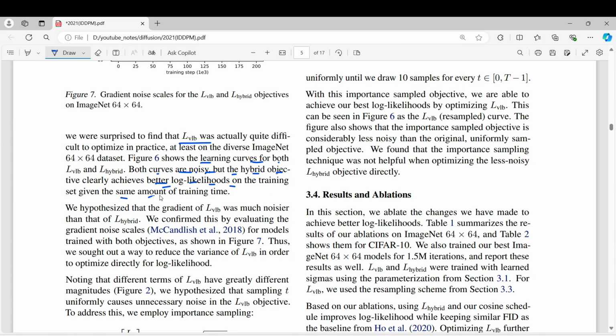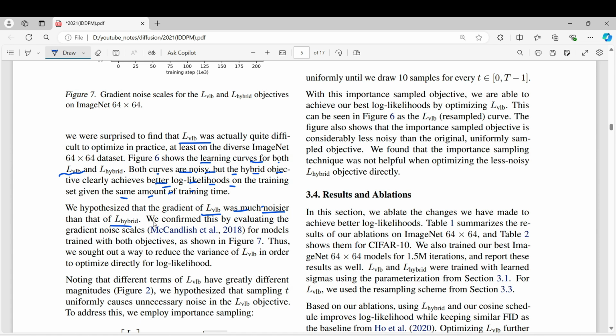That's it. Also, they're saying that for the L_vlb and L hybrid curves, the gradient signal coming from there is noisy, but for L_vlb the gradient signal is much more noisy. So they hypothesized that the gradient signal from L_vlb is much noisier than that from L hybrid. The gradient noise is not good for the model.